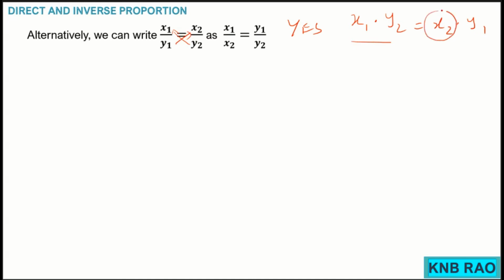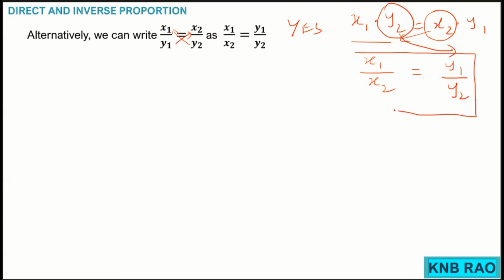Now bringing x2 to this side, x1 upon x2, and bringing y2, which is a multiplicand, to this side, it divides, so y1 by y2. We can write like this.